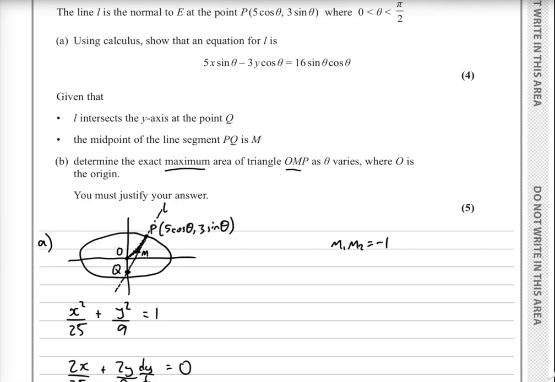Okay, jumping up to the top of the screen here, I'm just going to note that theta is between 0 and pi by 2. So it is only in that first quadrant. Obviously when theta equals 0, there is not going to be any triangle. The area will be 0 because P will be on the x-axis and L going through as a normal will be the x-axis.